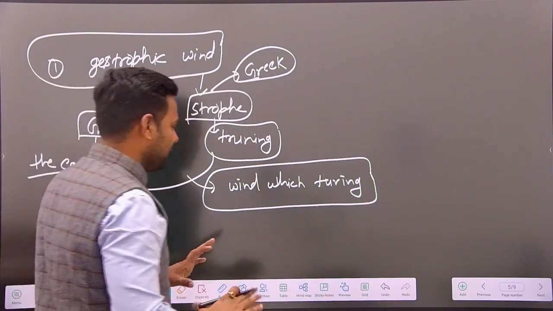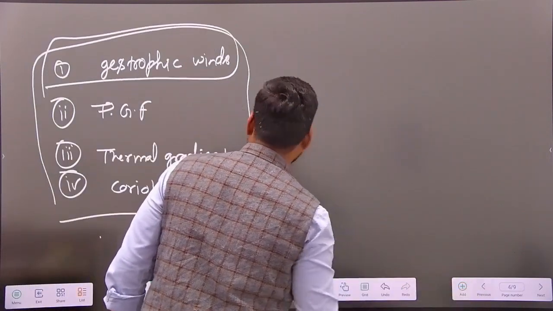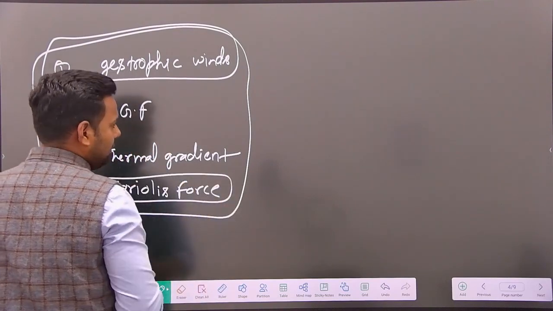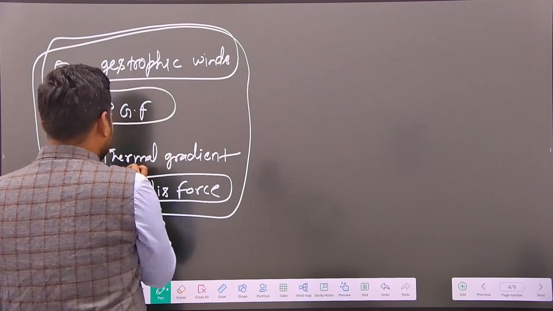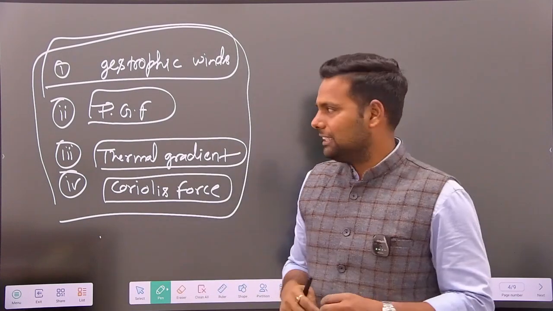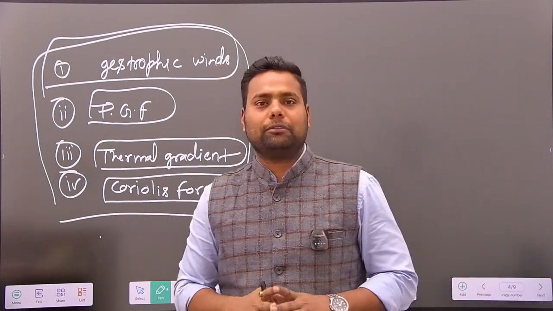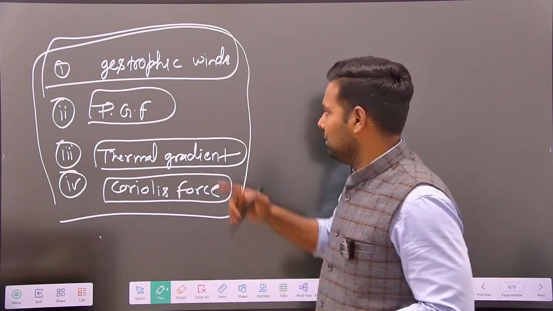Why this wind is turning, we will discuss later on. And we come back to the synopsis. There is the Coriolis force, there is the pressure gradient force, and there is the thermal gradient force. These are three basic things which you need to understand, and then we will have a better understanding of the jet stream.